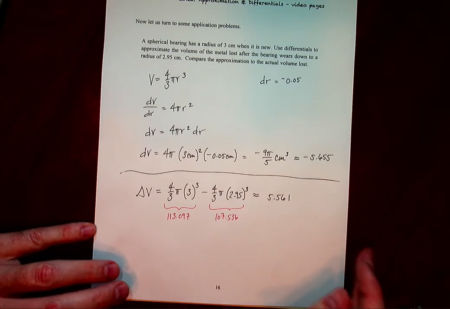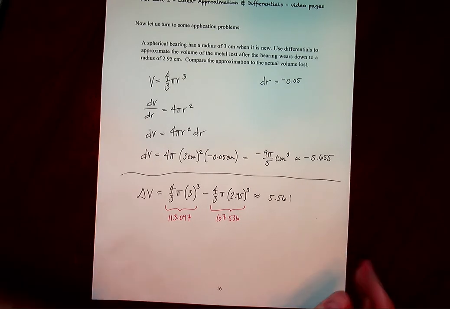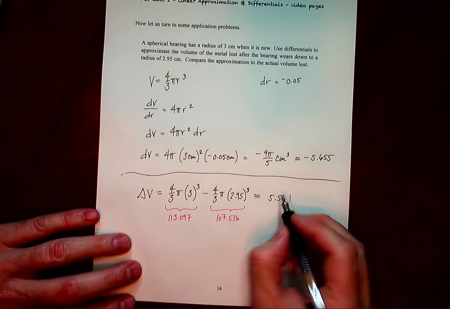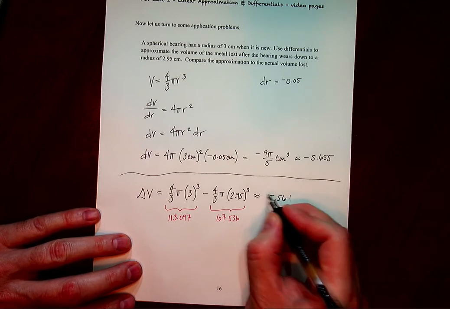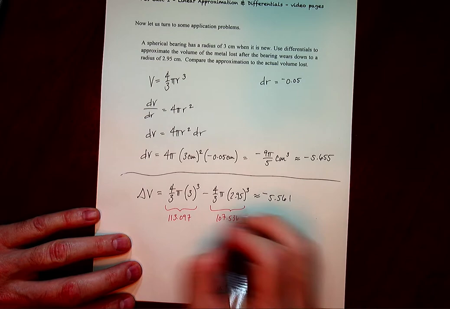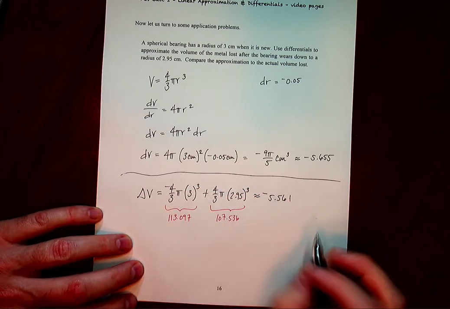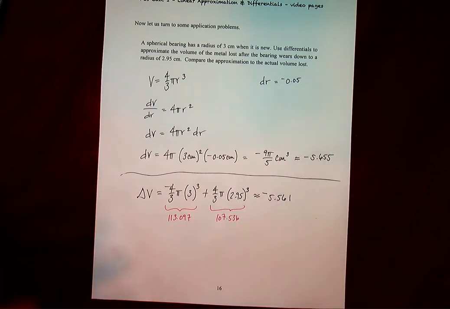Now, the actual change in volume when the radius decreases by 0.05 centimeters is this. Obviously it decreases, so you could plop a negative in there. But basically, I'm really more interested in whether you can get the absolute value correct.